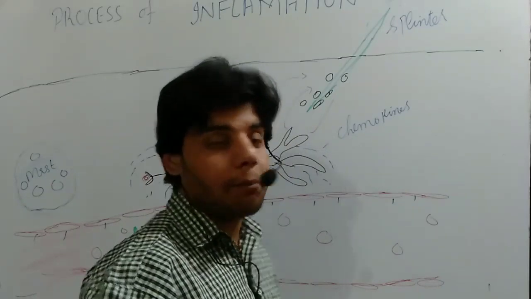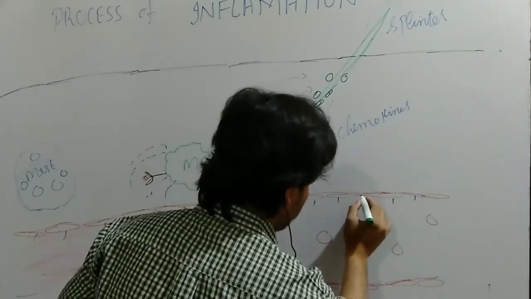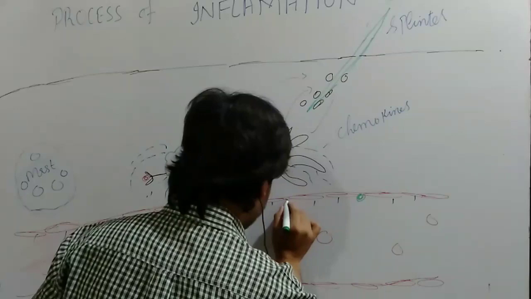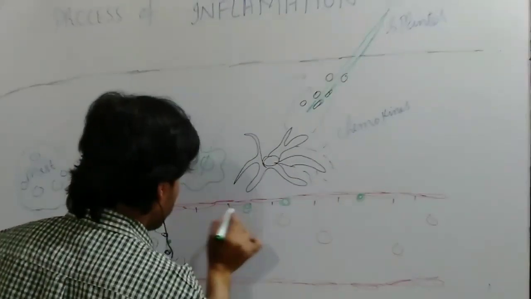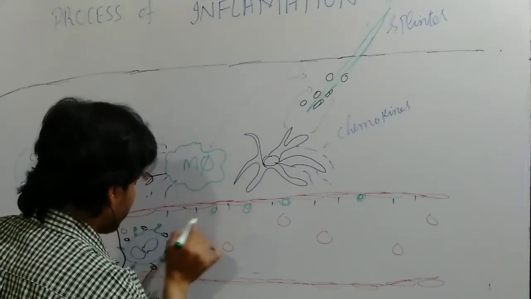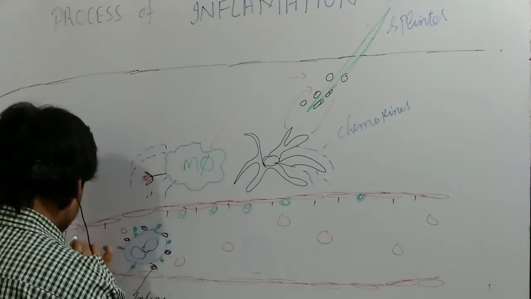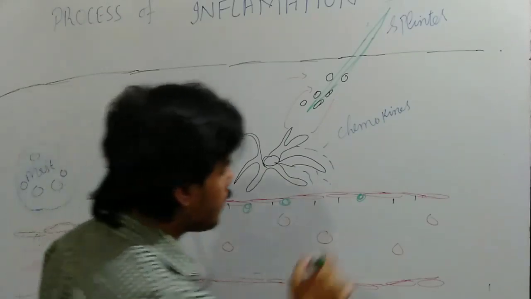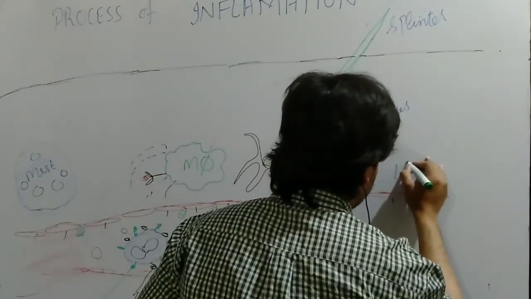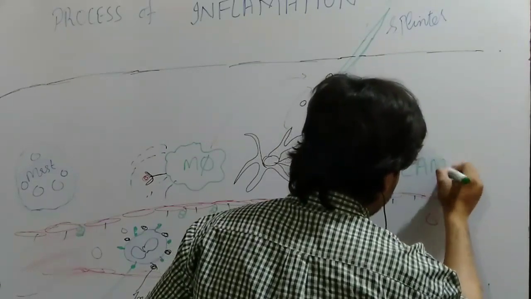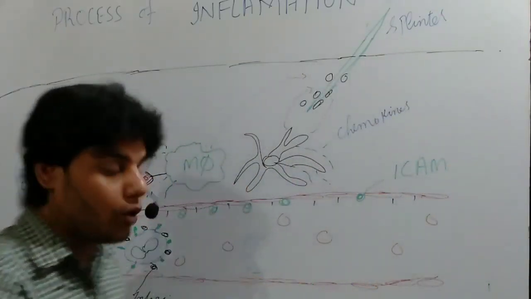which we call ICAM. Okay, so let me draw. Let's say these are the ICAM molecules. Some of them are called ICAM1, VCAM1. So these are the ICAM molecules, which are the adhesion molecules.